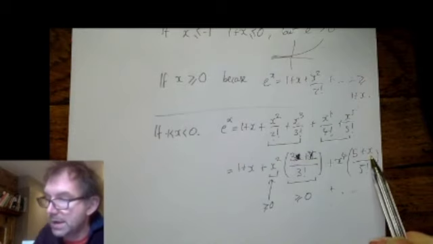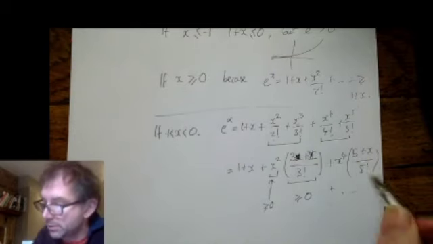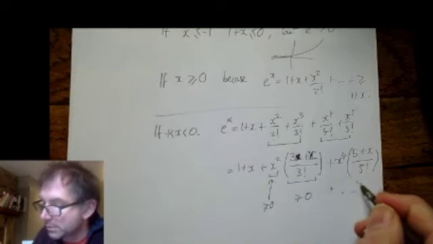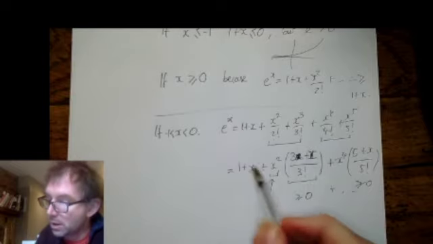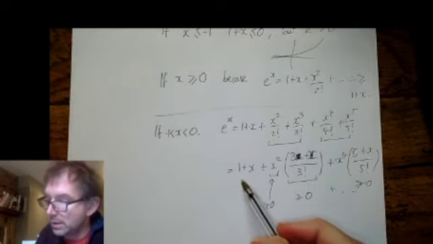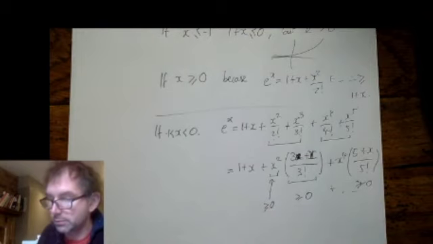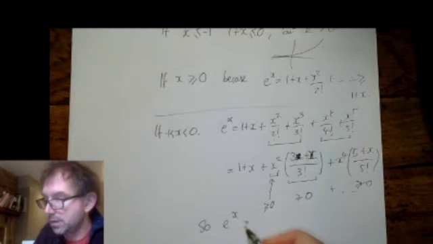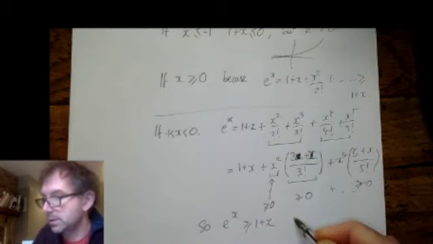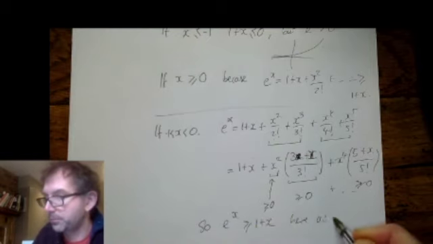Similarly, if x is bigger than or equal to -1, then this is always going to be positive, and so is this. So that tells you that e to the x in this region as well is bigger than or equal to this. So e to the x is bigger than or equal to 1 plus x here as well.